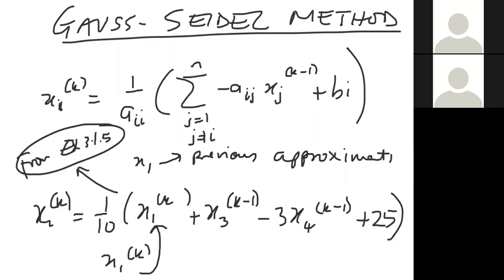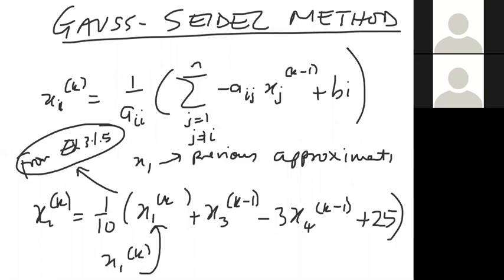Then x3^(k-1), since I haven't found x2, I can't find x3, so this one will remain the way it is, x3^(k-1), right? And x4 will remain like that, x4^(k-1), and so on. So the only difference here is that I'm using previous approximations to find the next approximation, right?